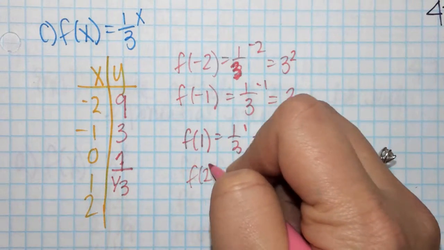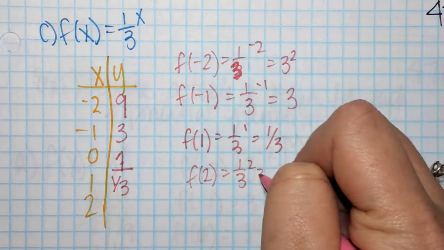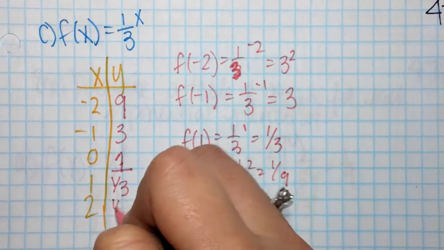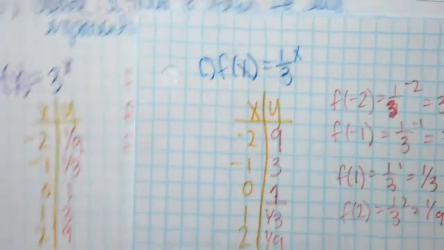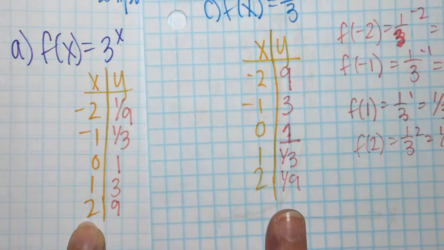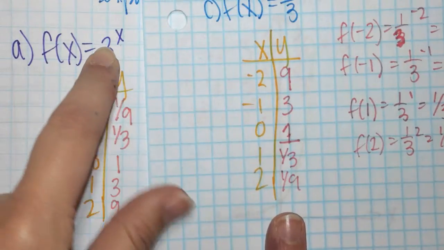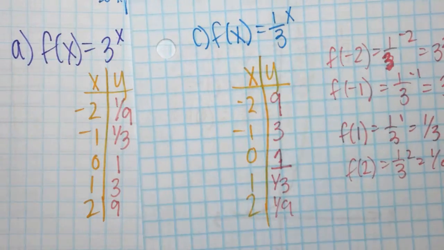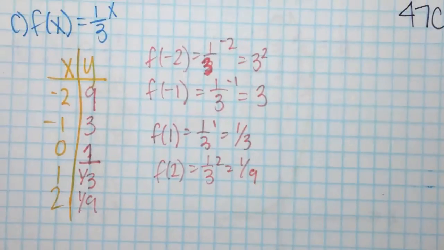And what is 1/3 squared? Now, is that the opposite of A? It is. This is the growth version. This is the decay version. They are opposites. It's magic.